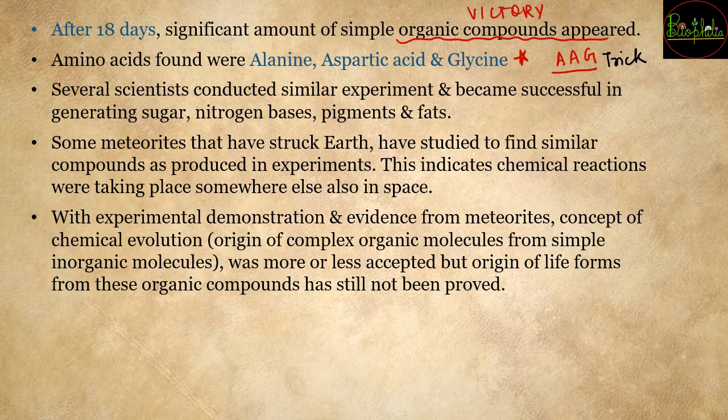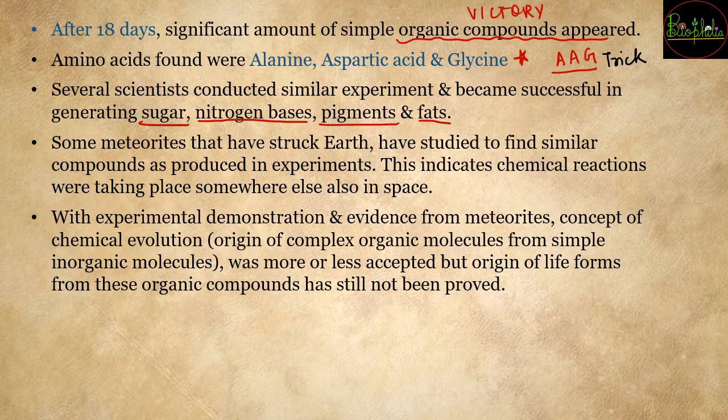When they changed the ratio of the gases, maybe they changed the temperature or kept it for more days, or made any sort of changes, and because of those changes different molecules were formed. Sugars were formed, nitrogen bases were formed, some got pigments, some got fats. These kinds of different experiments that scientists conducted showed us a view that this could have been the possibility wherein life could be formed.